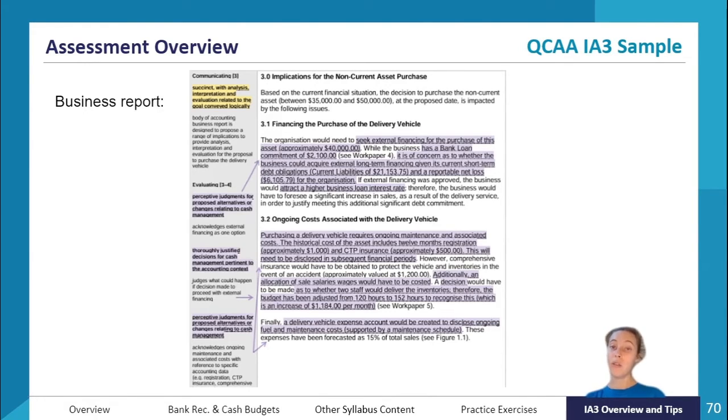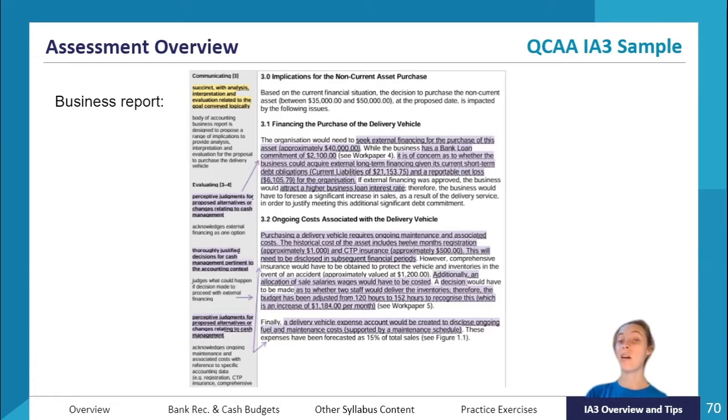It is of concern as to whether the business could acquire external long-term financing given its current short-term debt obligations and a reportable net loss for the organization. So you're looking at all of the current situation of the business, and you're judging what those things mean.